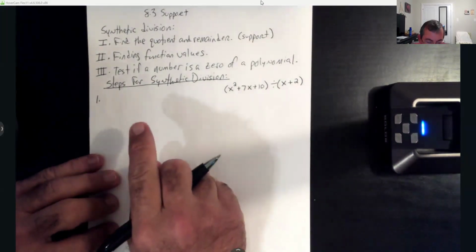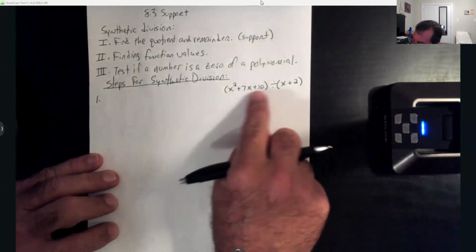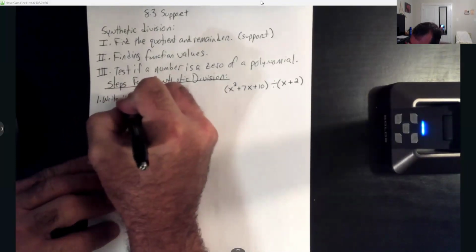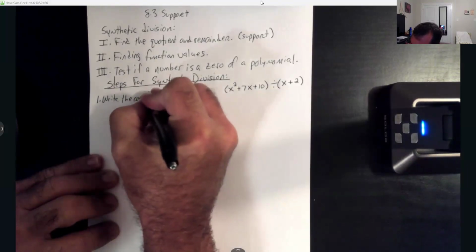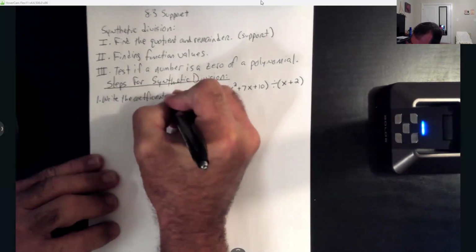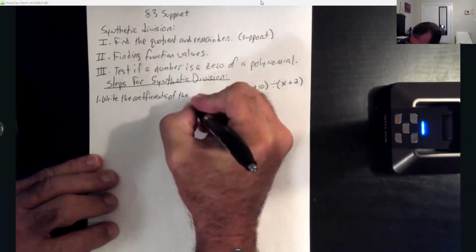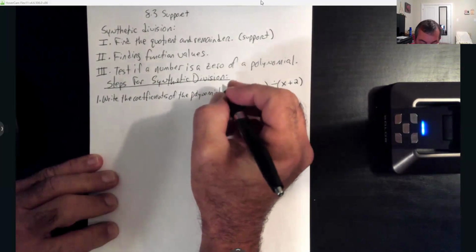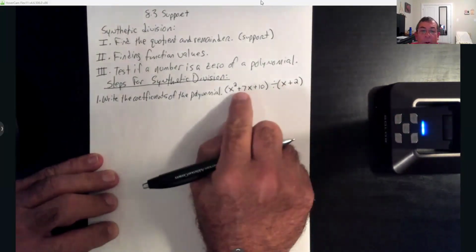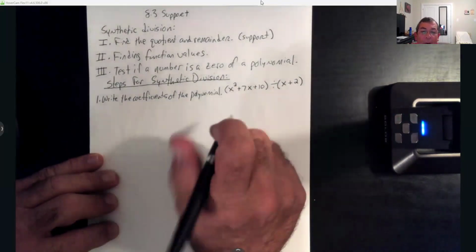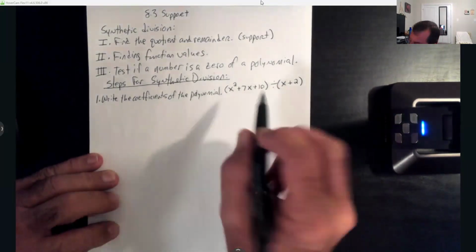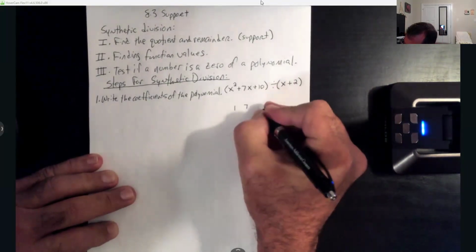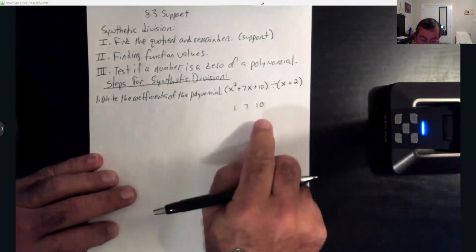So the first thing you do, we're going to write the coefficients of the polynomial. So the coefficients of the polynomial I'm talking about are this first polynomial here. So the coefficients would be the 1, the 7, and the 10.